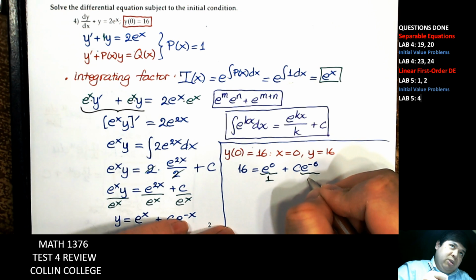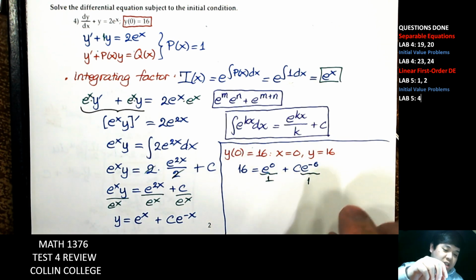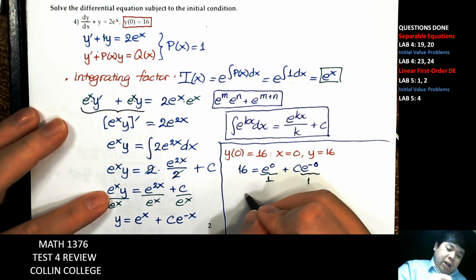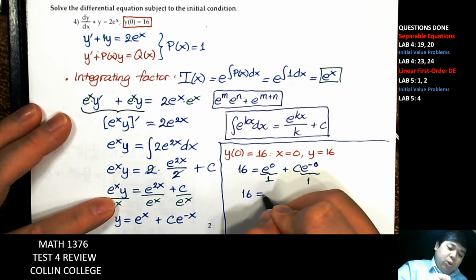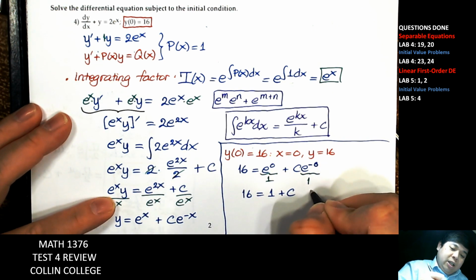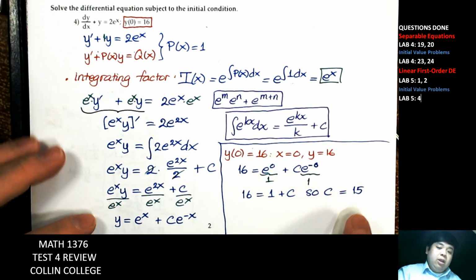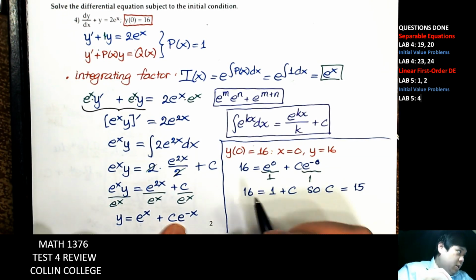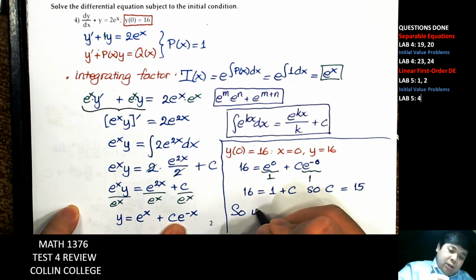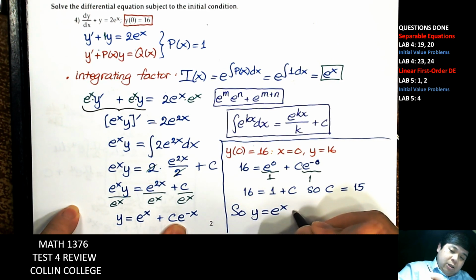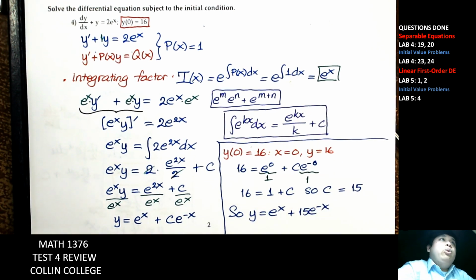Negative 0 is still 0, which is still 1. So we have 16 is equal to 1 plus c. So c is equal to 15. And put 15 back in here. We have that.